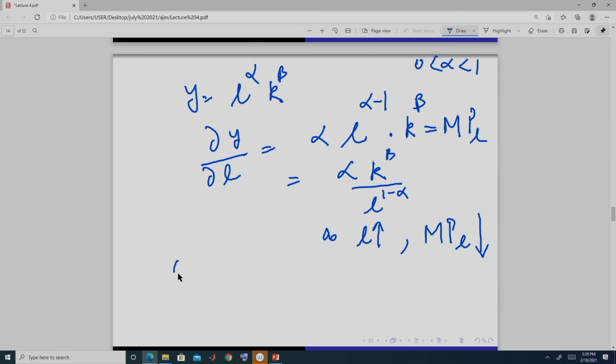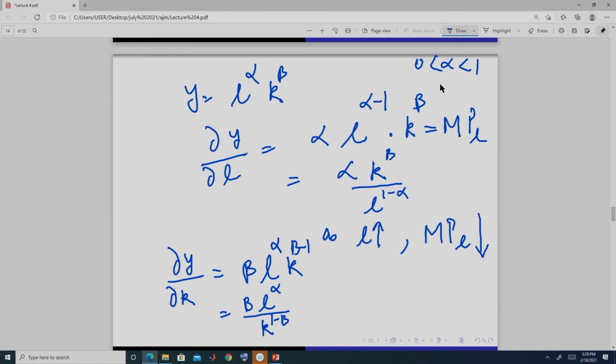Same, if we take this, why? Because beta lies between again 0 and 1.